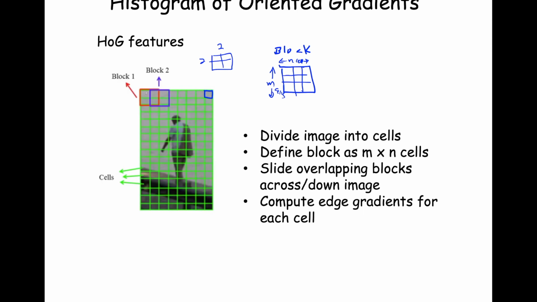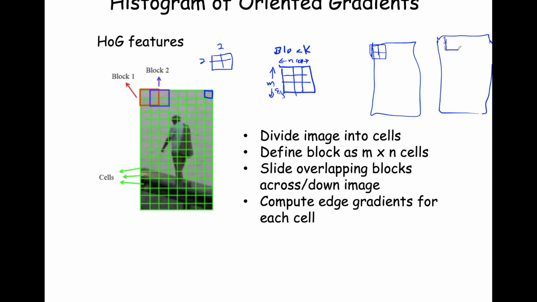For each position that the block is in, we compute the edge gradients for each of the cells in the block. So in the first position, in the upper left-hand corner, we have our block at time t. In the next instant, when we move the block to the next position, it overlaps where the block was in the first position by 50%.